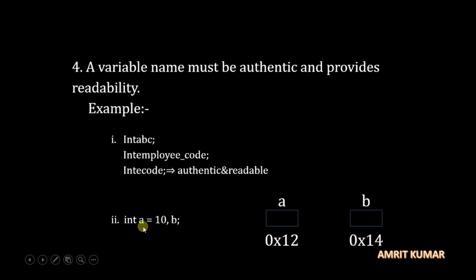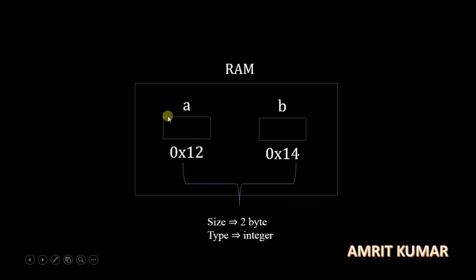So variable a is going to be allocated into the RAM with integer data type, and there should be an address of a. Also b is a variable of type integer, so memory should be allocated in the RAM for variable b.